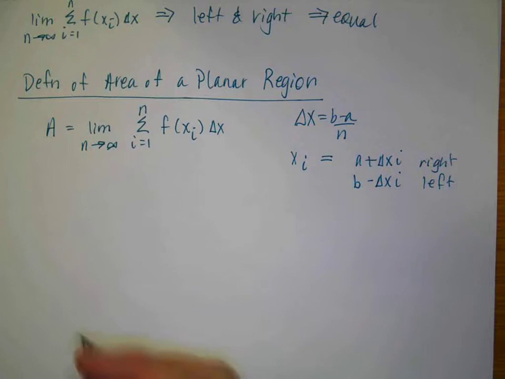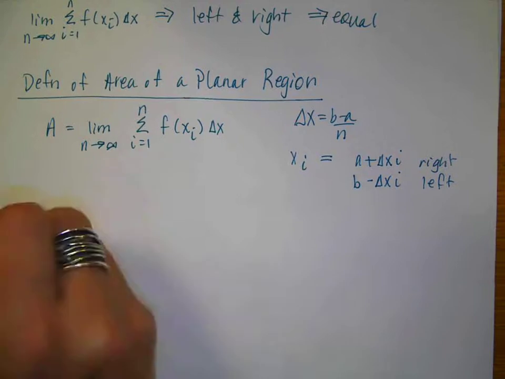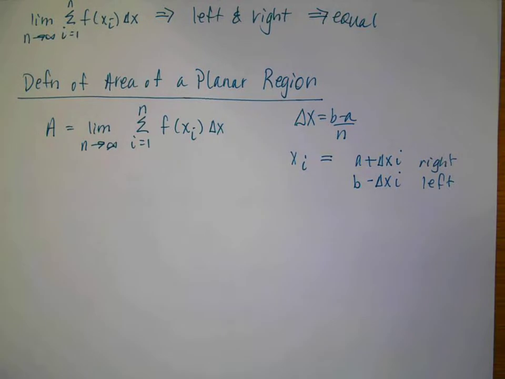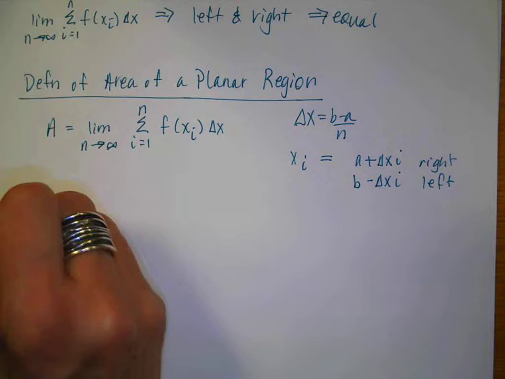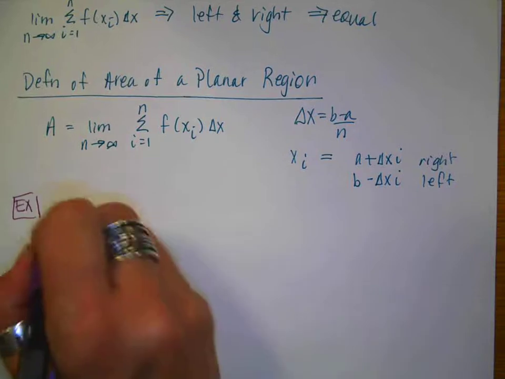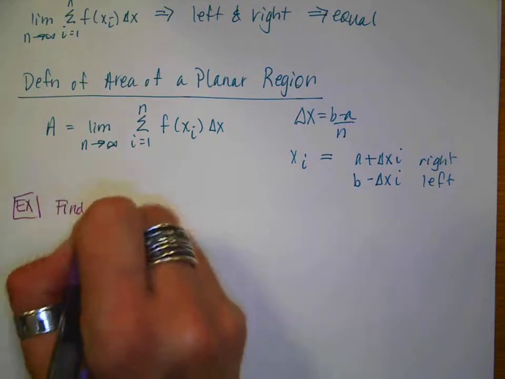All right, so let's do an example of taking the limit of our area, and this will be our last example for the video, lucky dogs. So on this one, get a different color just because we can.